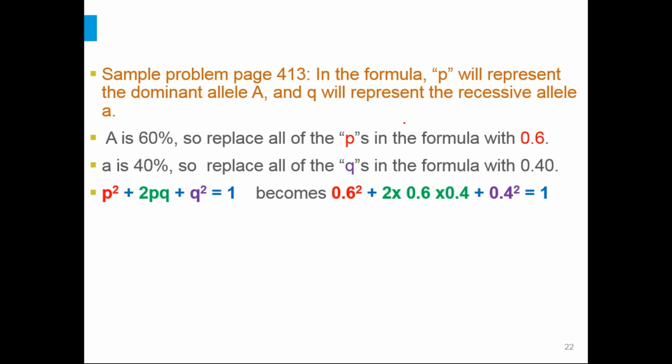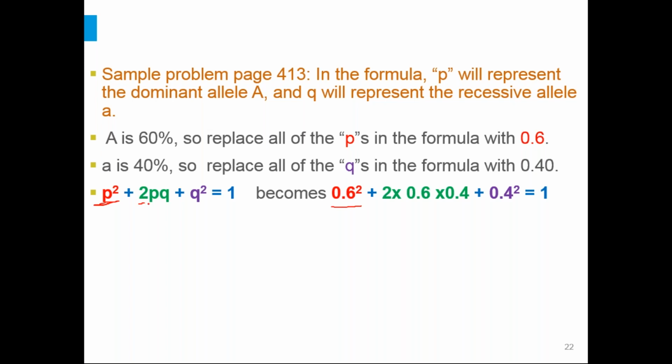So p squared plus 2pq plus q squared equals 1 becomes 0.6 squared plus 2 times 0.6 times 0.4 plus 0.4 squared equals 1. Okay, so everything on the right here is exactly the same spot as on the left. We had p squared, so we replace the p with 0.6, and we get 0.6 squared.